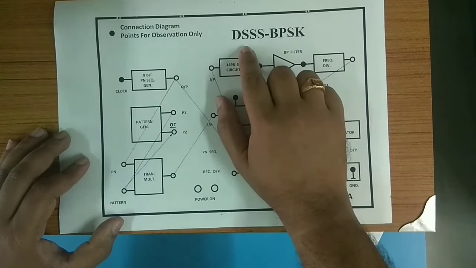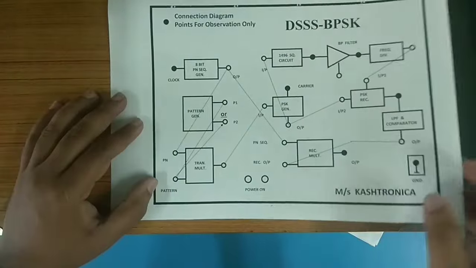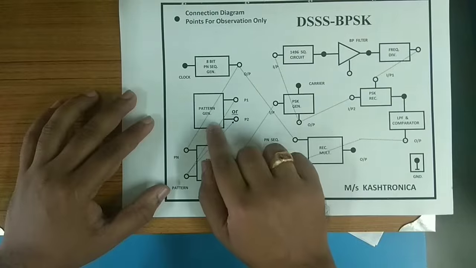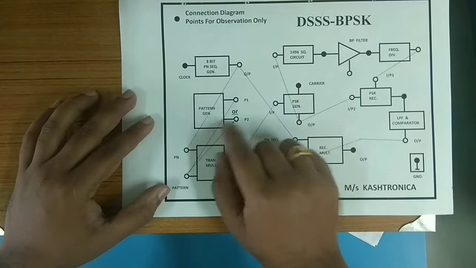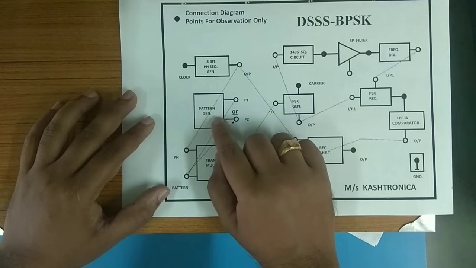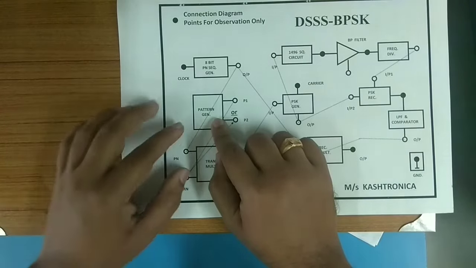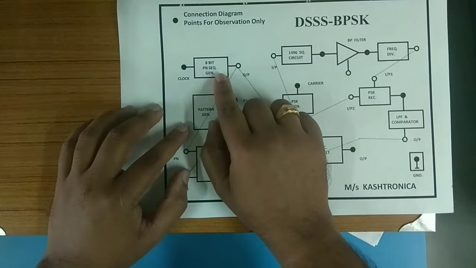So how are we going to produce it? Let us see. In this practical, as usual, we will have a message signal which we will get from this pattern generator. There are two message signals, P1 or P2, so we can choose either one. This pattern signal we are going to multiply with another square wave signal, the 8-bit PN sequence generator.